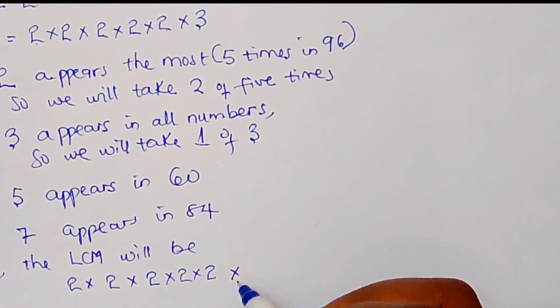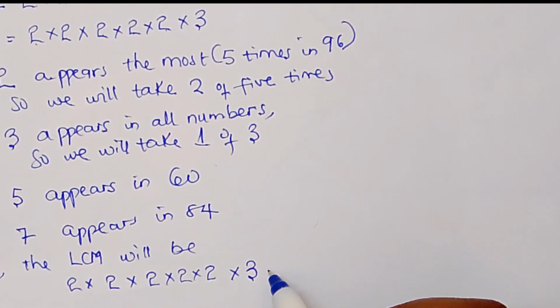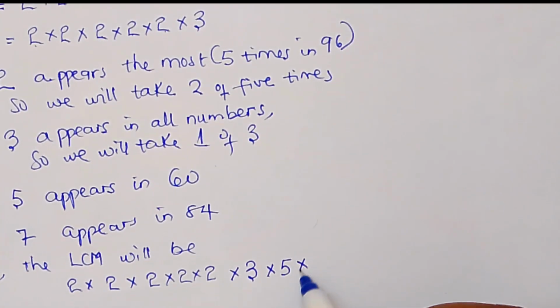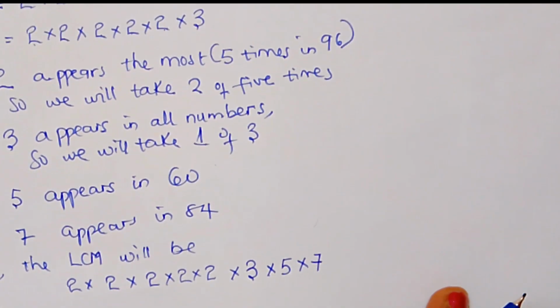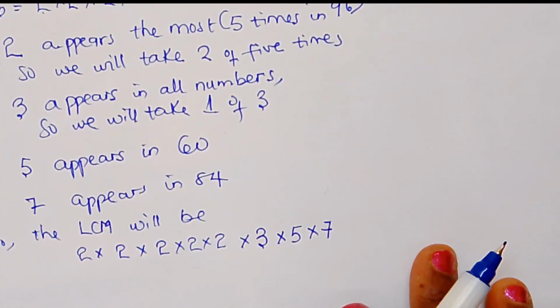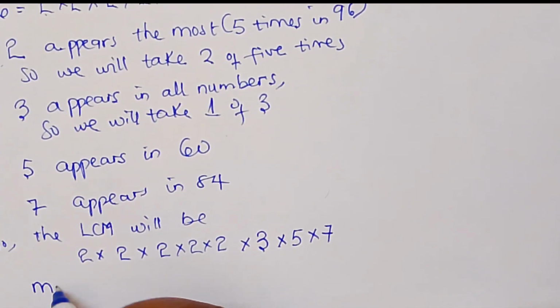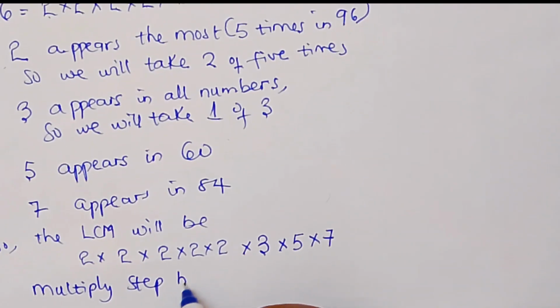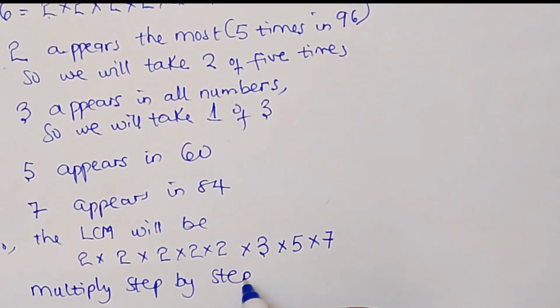So 3 appears in each of them, so we're picking just one of the 3. What about 5? 5 is just 1. So we take 5. What about 7? 7 is just 1. We take 1 of the 7. So we're going to multiply step by step. Is that clear?